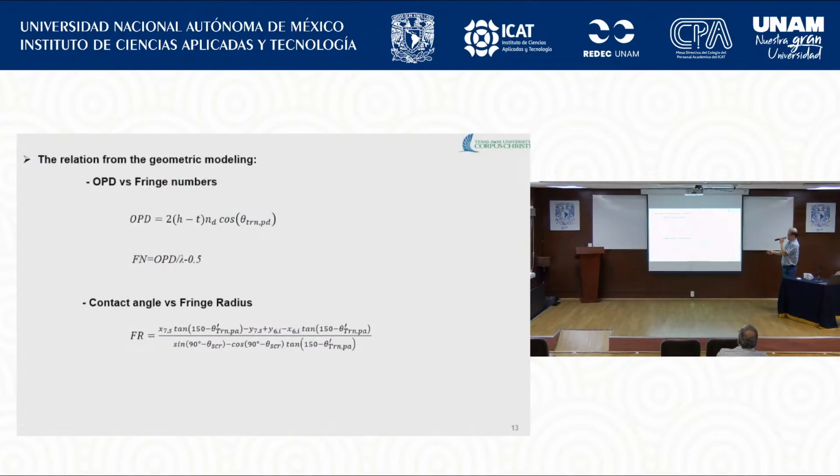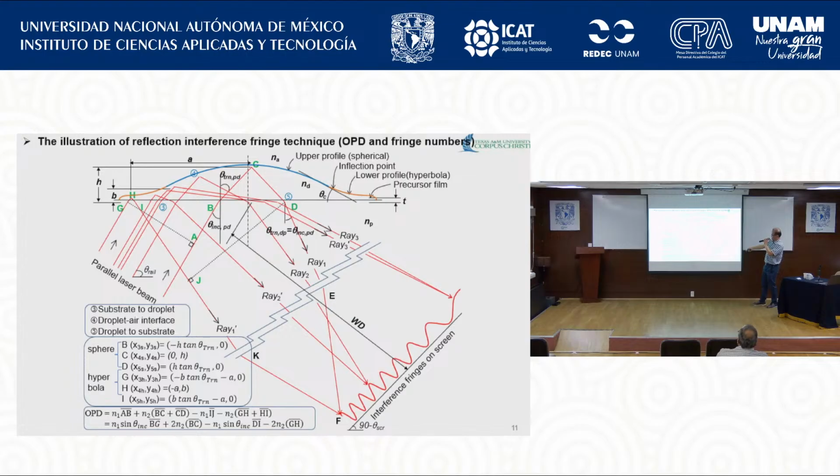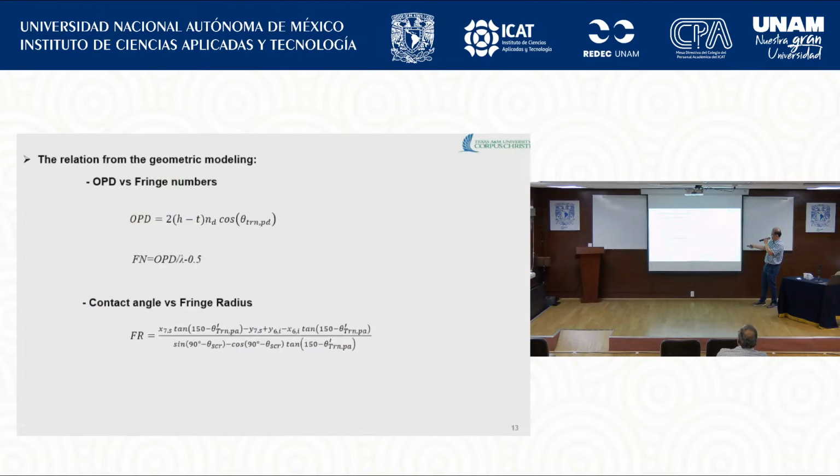So this one is kind of a summary between the OPD and the fringe numbers. We got this simple relation. This one is from the previous geometric modeling, and we also showed it by another geometric relation derivation.